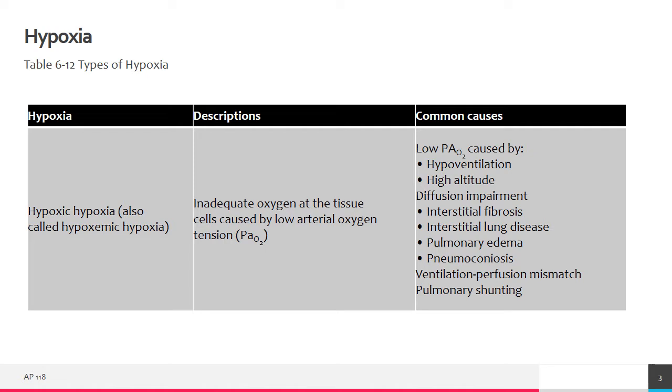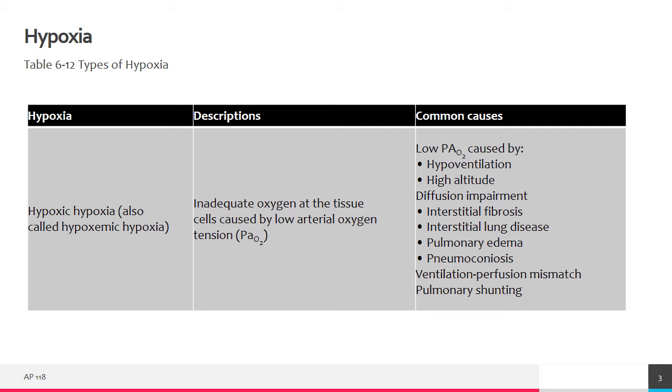Another reason is ventilation perfusion mismatch. Ventilation perfusion mismatch is when the pulmonary capillary blood is in excess of the alveolar ventilation. A decreased VQ ratio is said to exist when this happens. This condition causes pulmonary shunting, which in turn causes a low arterial oxygen tension and a low content of arterial oxygen.